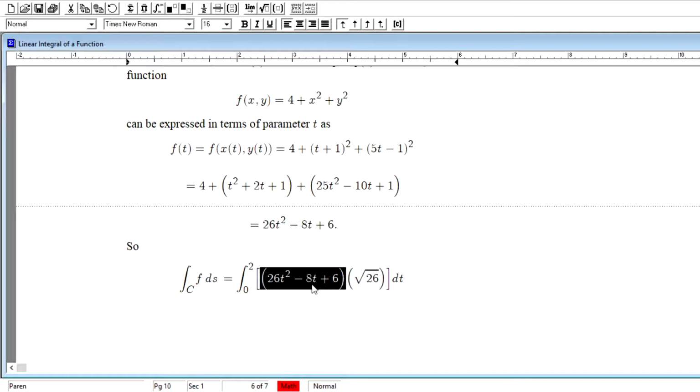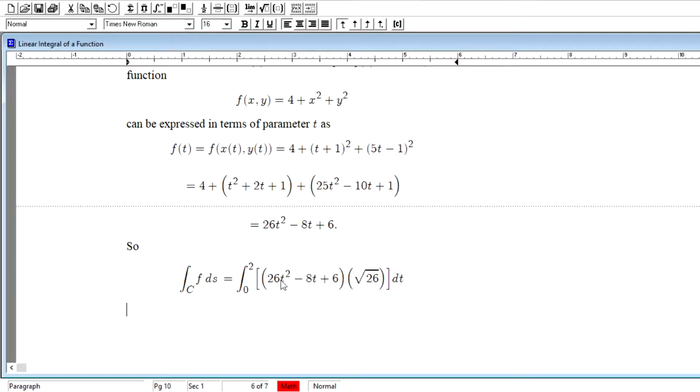F of t is coming from our function f being expressed in terms of t using our description of C, given by the vector valued function r bar of t involving parameter t, times this magnitude.